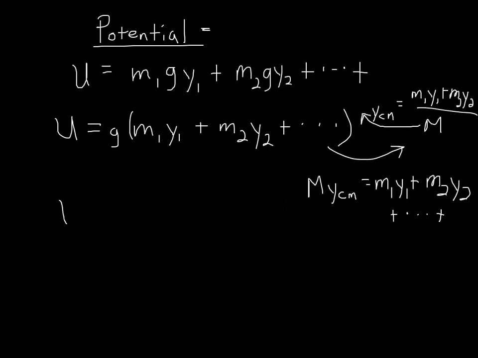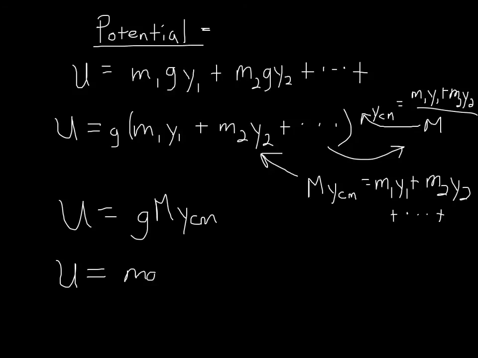So my potential energy, if I just substitute this in, is equal to g times M times y of the center of mass. And what we see here is that for my normal potential energy equation, potential energy normally is mass times gravity times height. So I've just replaced my height with the position of my center of mass.